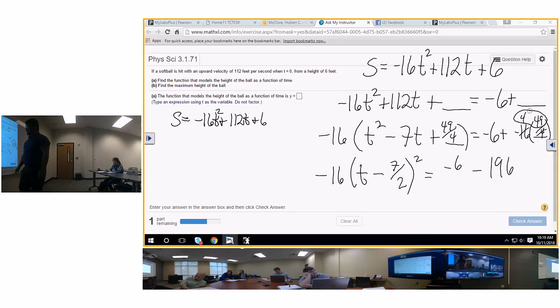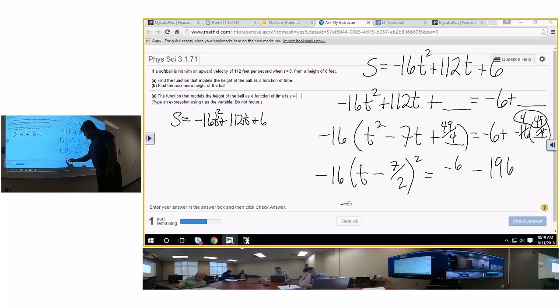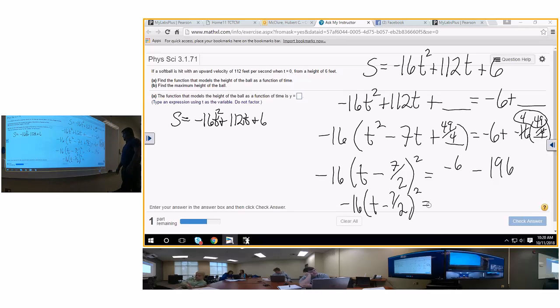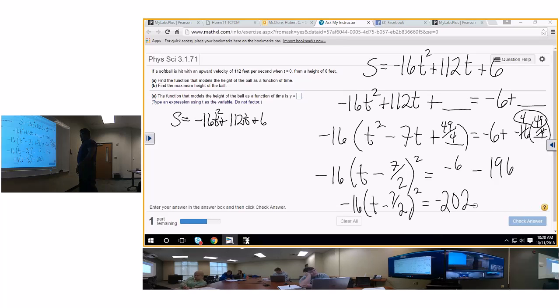Thought we were going to communicate there. Negative 16 times t minus 7 halves quantity squared is equal to negative what? 202? Yep. All right.